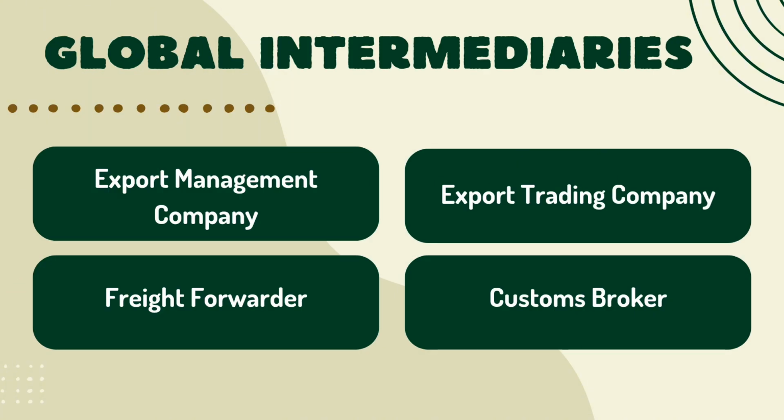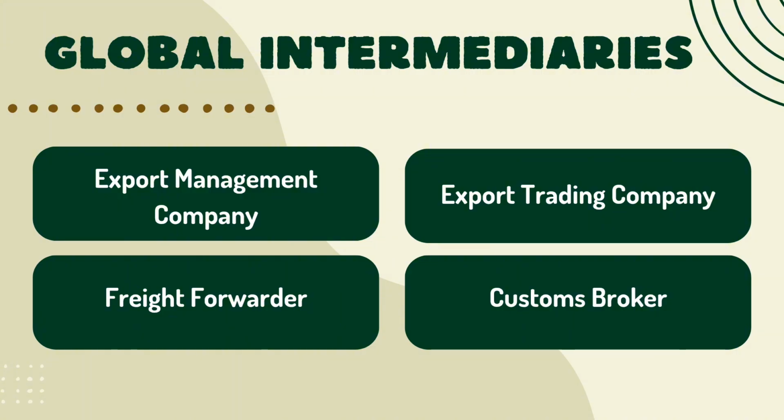We have global intermediaries, and distribution channels used for international trade are often different from those for domestic trade. Common international intermediaries include the export management company, which provides complete distribution services for businesses that desire to sell in foreign markets.